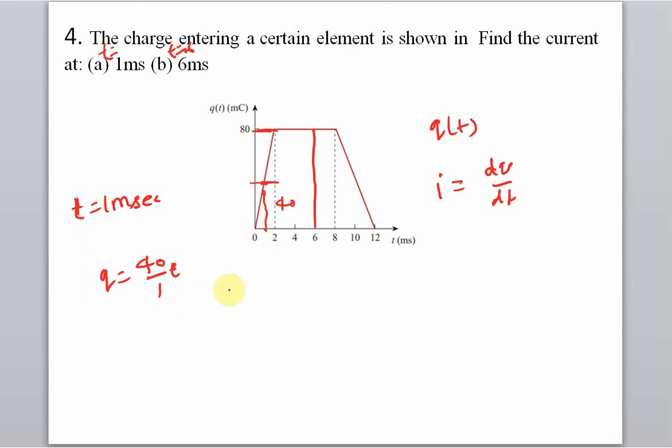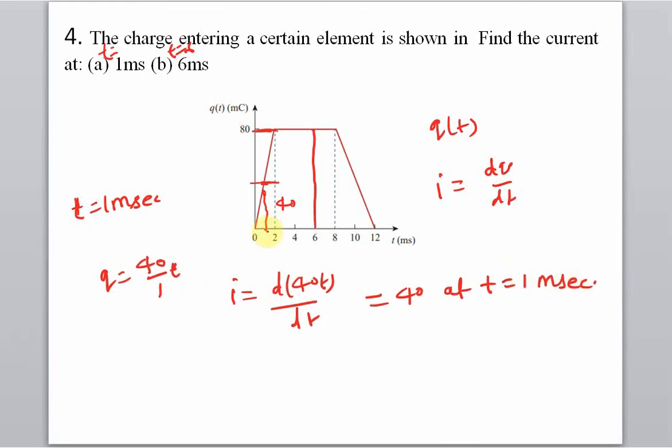So we can write it as d(40t) upon dt, which will be equal to 40 at t equals 1 millisecond.